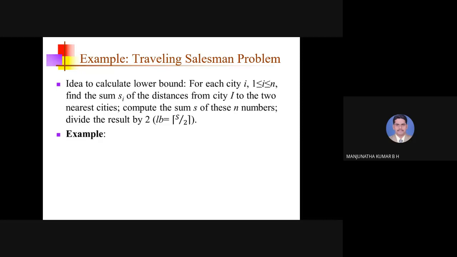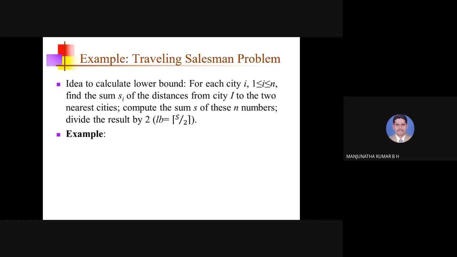Si means the sum for the ith city of the distances, the sum of the distances from city i to the two nearest cities. For example, if I am considering city 1, for city 1, what are the two nearest cities? You take the distance, add those two distances, and compute the sum S for every one of the n cities.